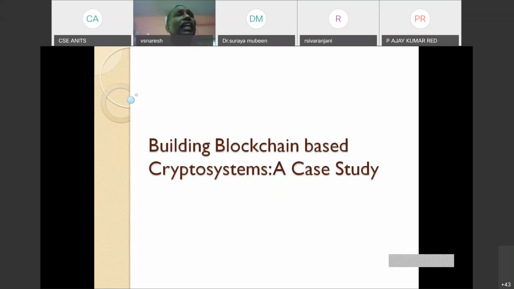The first concept I am going to deliver is building a blockchain based crypto system. You all know about crypto system. What do you mean by a crypto system? You all know about encryption and decryption. Encryption and decryption is nothing but a lock. We are storing your valuable things in a locker.